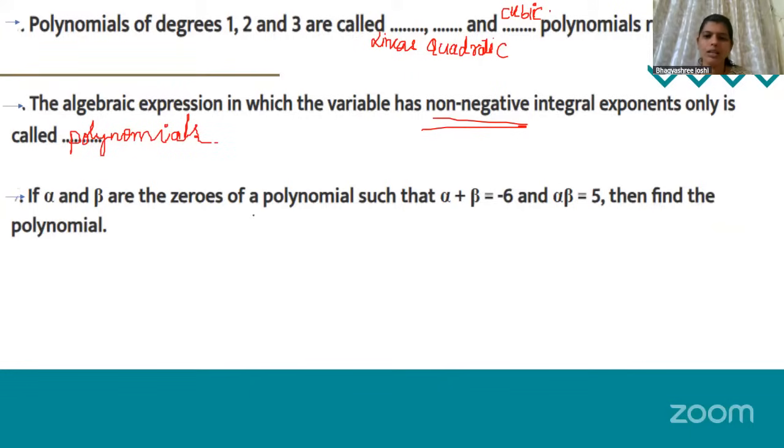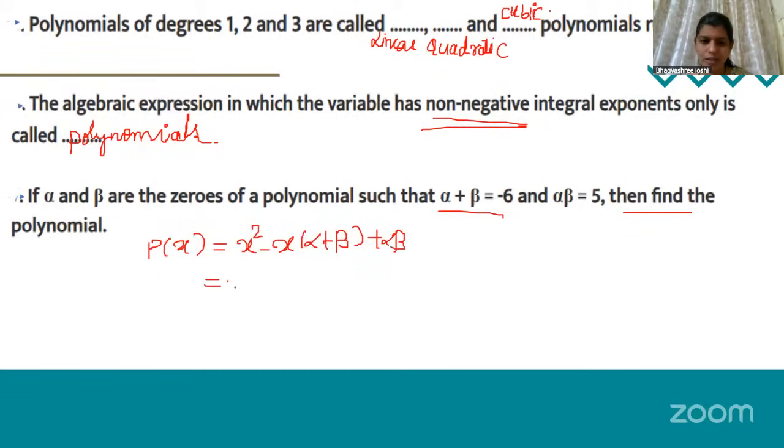Okay. Next one. If alpha and beta are the zeros of the polynomial such that alpha plus beta is equal to minus 6, alpha into beta is equal to 5, then find the polynomial. That means here we need to find a quadratic polynomial. So alpha plus beta value is minus 6 and alpha into beta value is 5. Here we need to use the expression x square minus x into alpha plus beta plus alpha into beta.